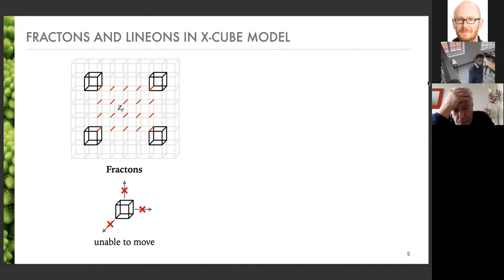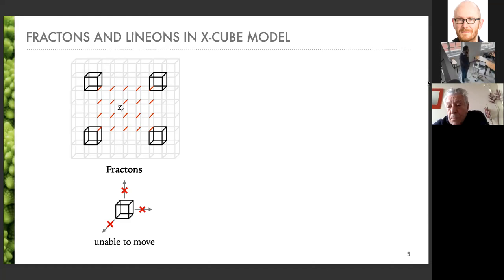But of course, as soon as you operate with any of the Z operators, it turns on 4 excitations at the same time. So to try and move this excitation, you will end up getting 2 more excitations. For instance, if you were to create a Z operator here, it will annihilate this excitation and make it here, but it will also create 2 more excitations.